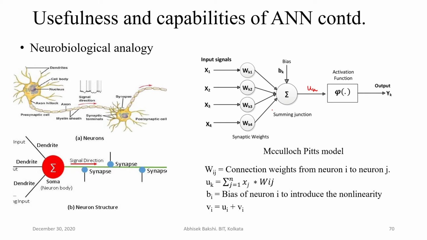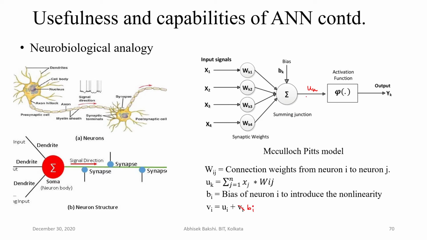There is a mistake over here. By mistake I have written vi equal to ui plus vi. It should actually be vi equal to ui plus bi.